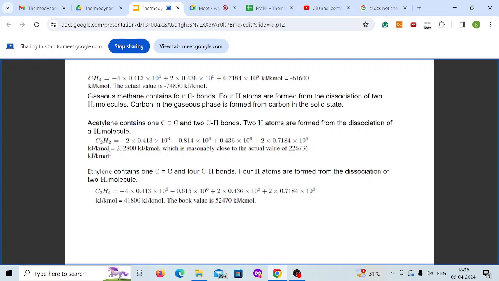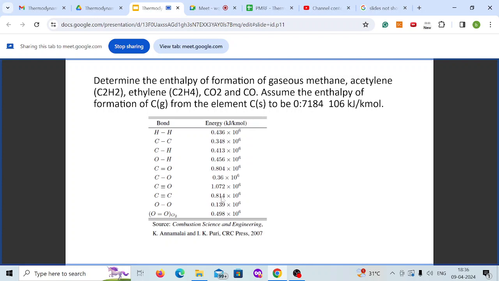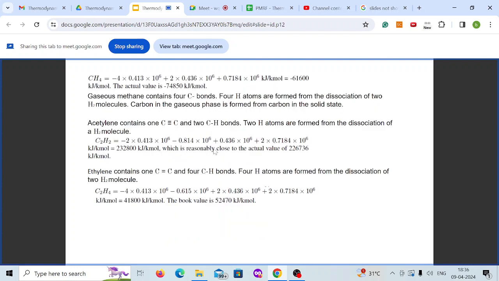So 2 carbon-H bonds, so minus 2 into 0.413 into 10 power 6. This is formation, so this is energy released. Minus 0.814 into 10 power 6 is the C triple bond C. Then for hydrogen, 0.436 into 10 power 6, plus 2 into 0.784 into 10 power 6, since you require 2 carbon atoms. This will give you 232800. This is very close to the actual value, which is 226736.